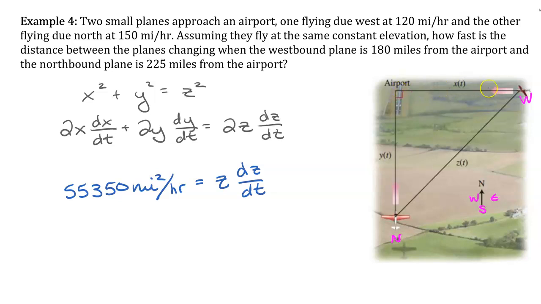Since we know that x is the 180 and the y is 225, we can use our Pythagorean theorem to figure out what z is. So 180 squared plus 225 squared, and then take the square root of that. So that gives us a lovely 288.